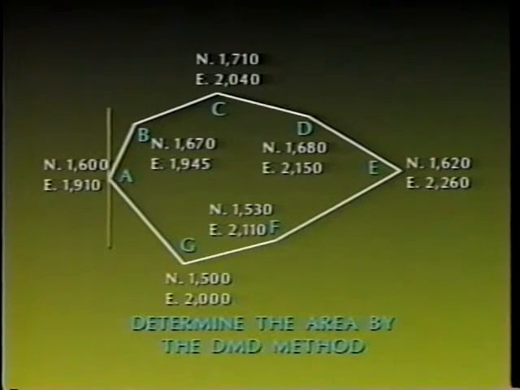Sounds good to me. Algebraic signs must be considered. 4, the DMD of the last course is equal to the departure of the last course with the opposite sign. 5, DMDs are run clockwise.